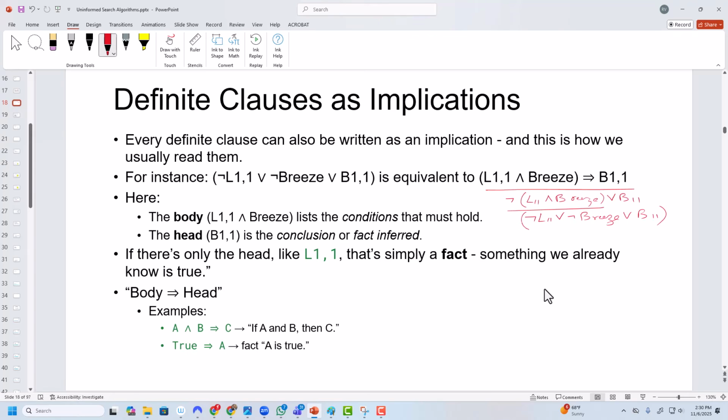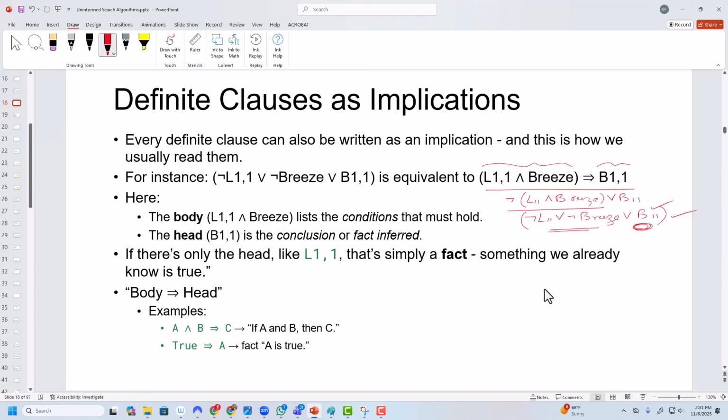We have seen this in the resolution example, and you see this becomes a Horn clause because it has at most one positive literal. The negative part is called the body, and the positive part is called the head, the conclusion, the fact.